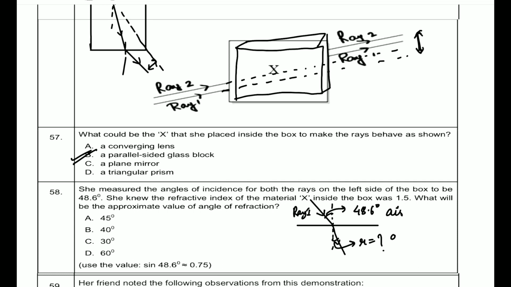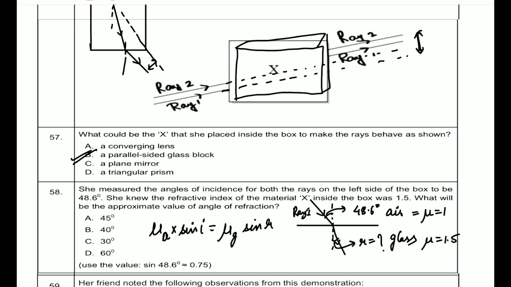So here I have air and here I have glass, yes or no? Air has a refractive index of 1, glass is given as 1.5 in the question. So I can say mu 1, or mu of air, multiplied by sine of angle of incidence will be equal to mu of the material, the glass slab, multiplied by sine of angle R. Is that a yes or no?